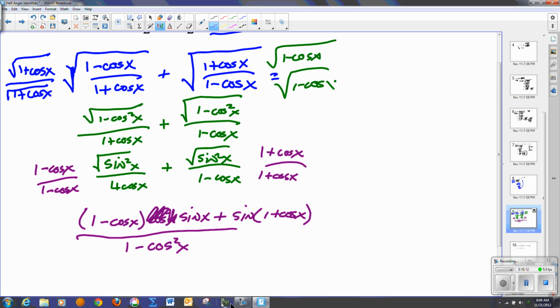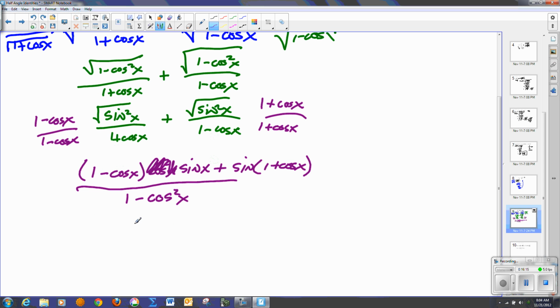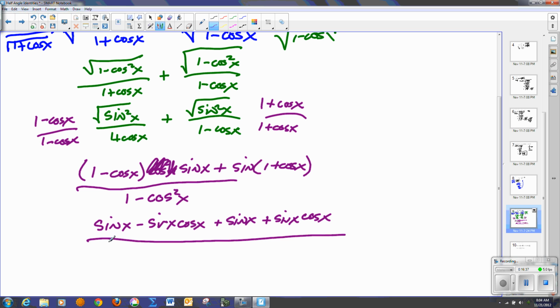I'll do a little distribution now, and I get sine of x minus sine of x cosine of x plus sine of x plus sine of x cosine of x all over.